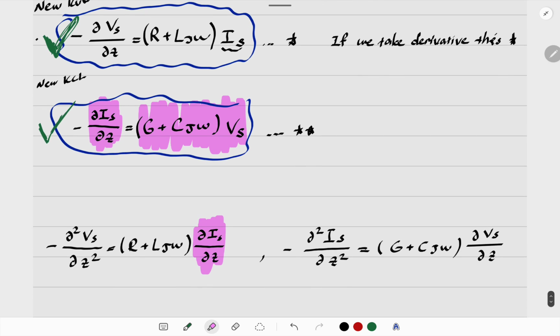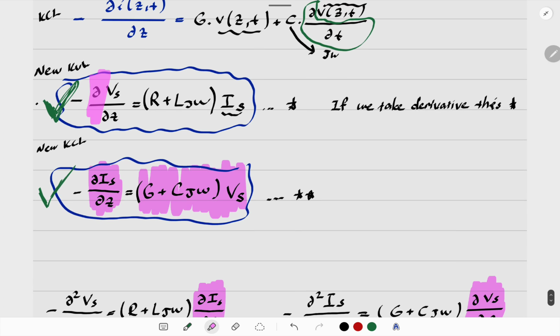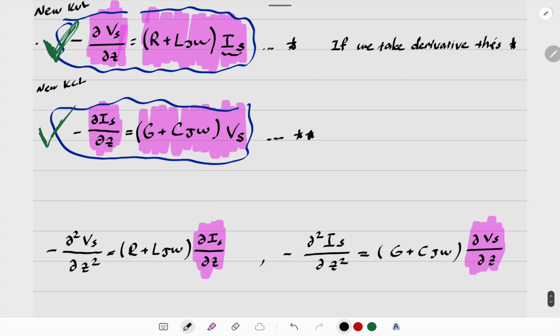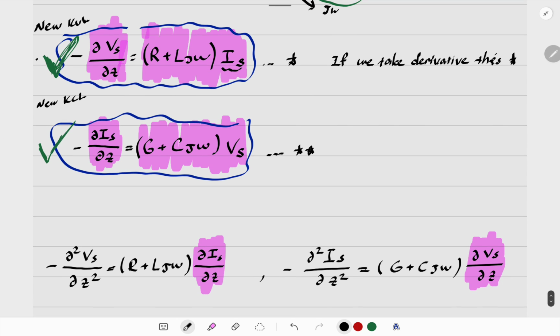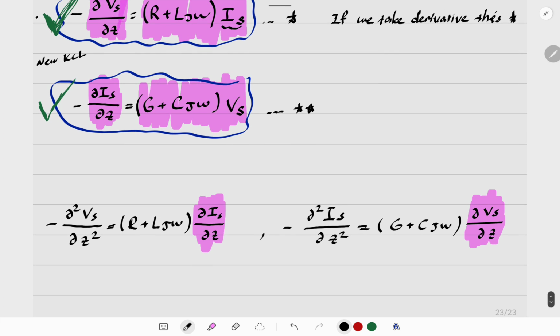Great, and for this one, see this del vs vz also equals del vs over del z, r plus l j omega is. Great. So they both equal to each other, and it means that we can use this information in our example over here.